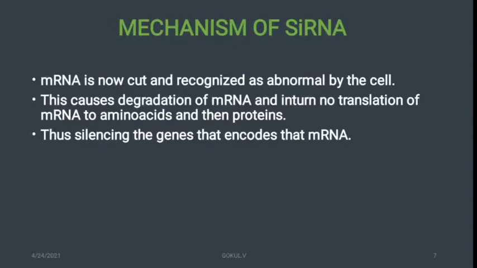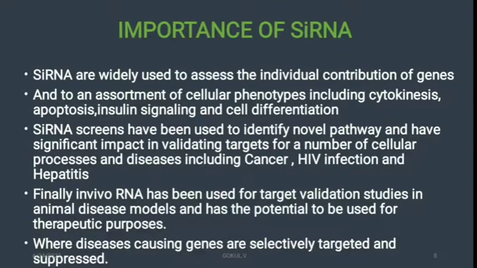Next we see the importance of siRNA. The first thing is siRNAs are widely used to assess the individual contribution of genes. Second, they are used for an assortment of cellular phenotypes including cytokines, apoptosis, insulin signaling and cell differentiation.